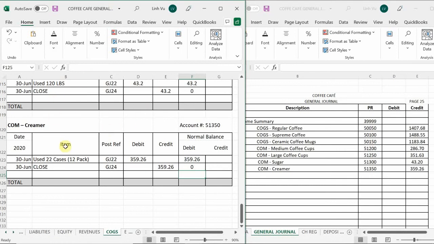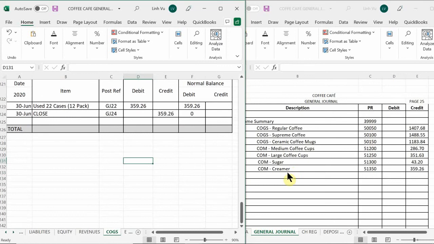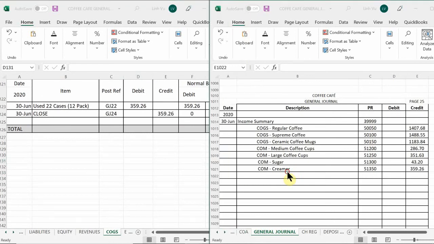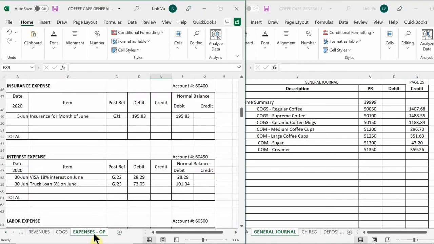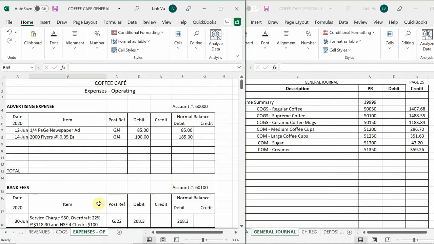Okay. Now, what you can do is you can equal sum and then do a separate journal for more expenses. But in this case, it's all going to go into the same account. So I'm going to go ahead and connect them by also closing out all my operating expenses as well.